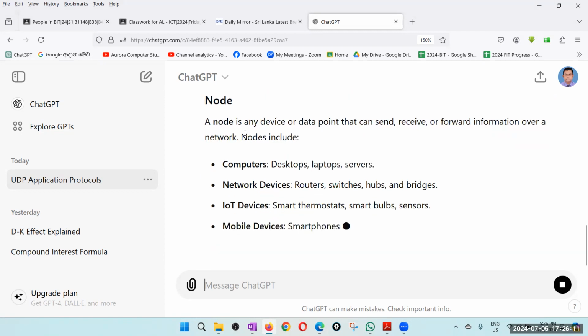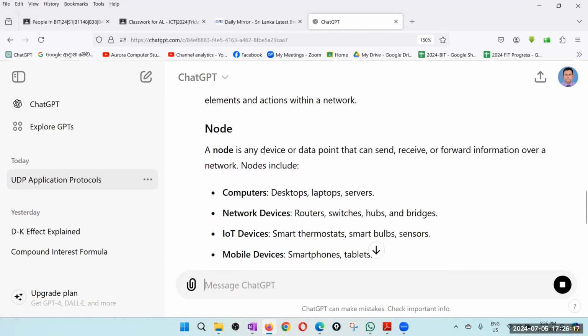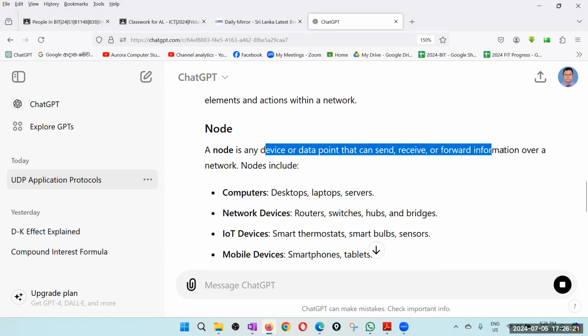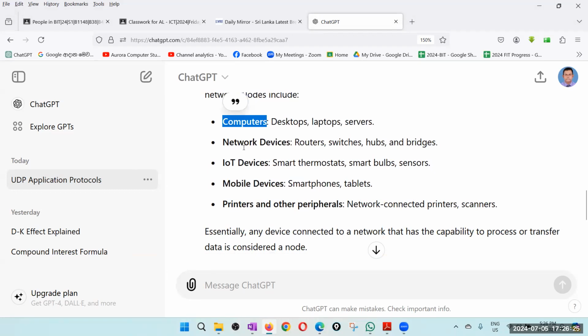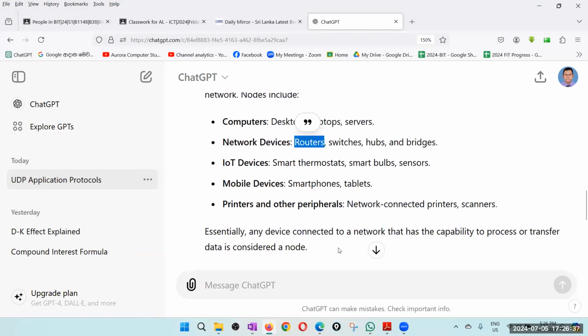A node is any device or data point that can send, receive, or forward information over the network. So it can be a computer, and a node can also be a network router. So a node can be an end computer or routers, switches, IoT devices, smartphones, of course.